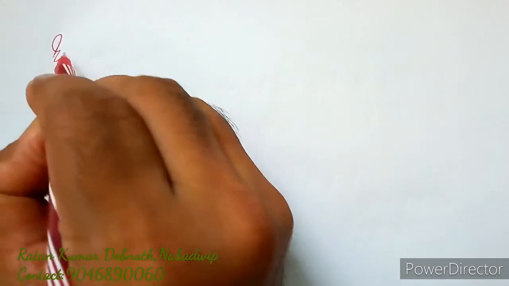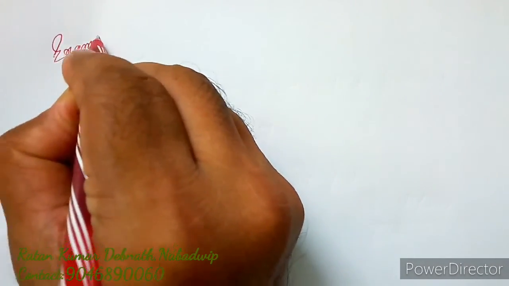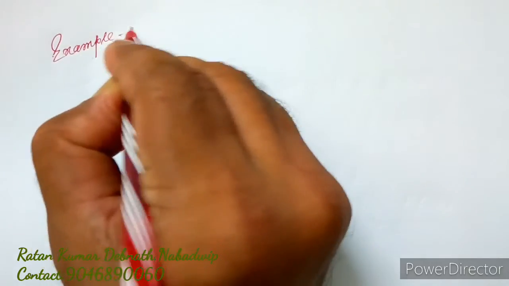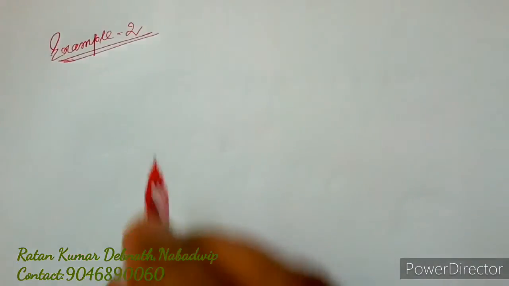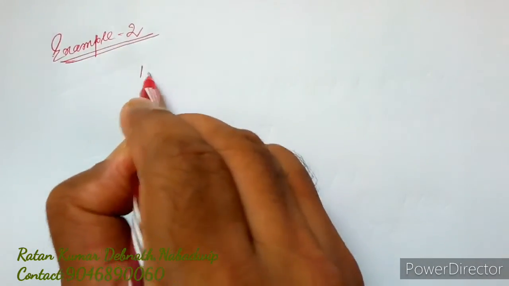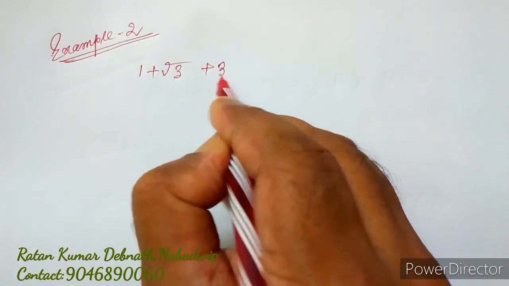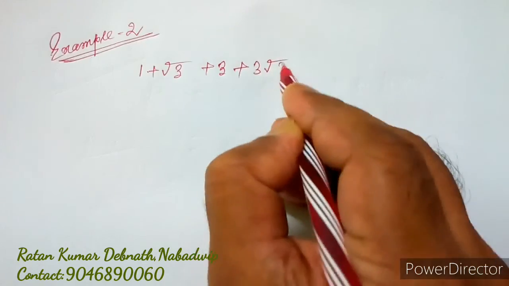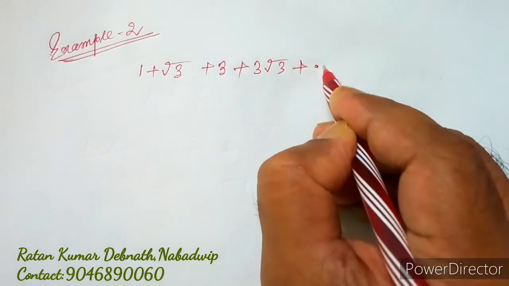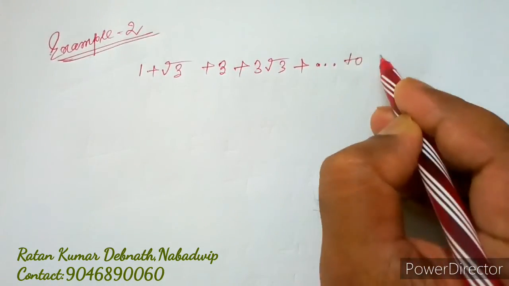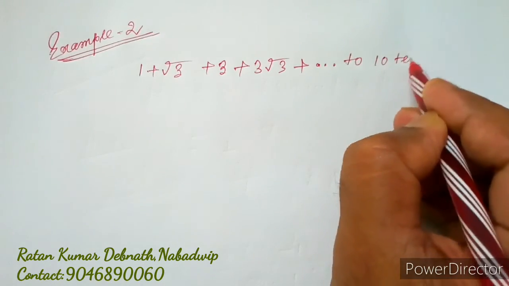Example 2. Find the sum of 1 plus root 3 plus 3 plus 3 root 3 plus dot dot dot to 10 terms.